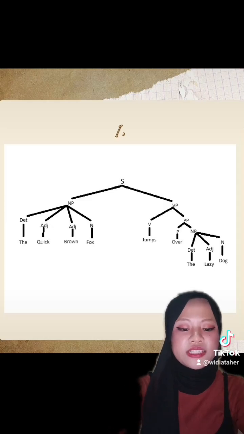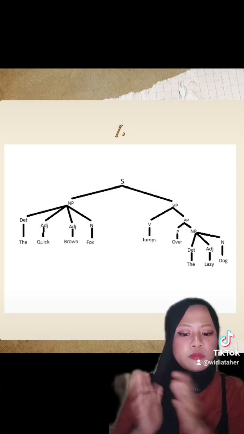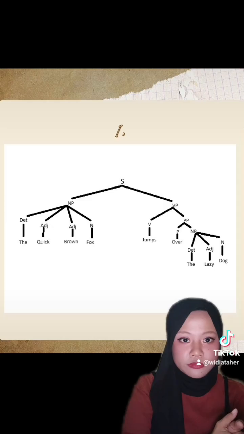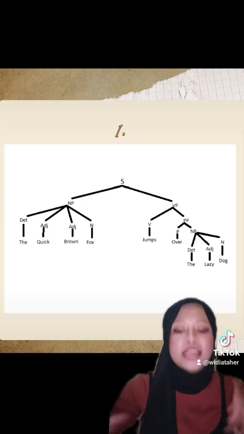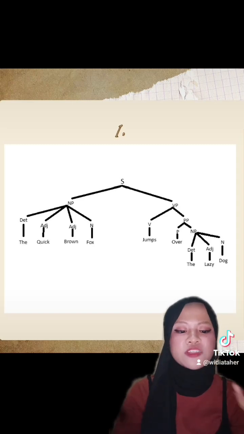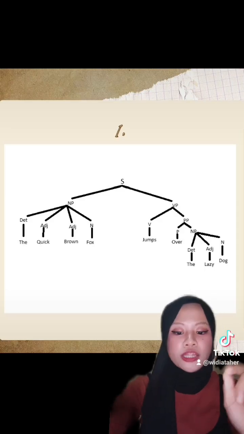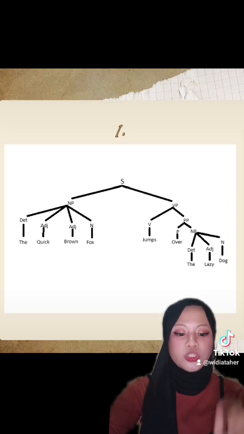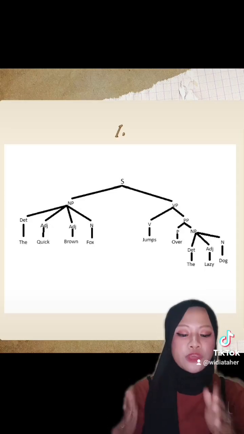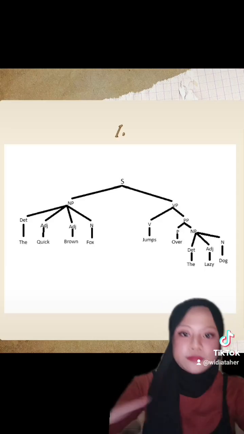Modifiers, additional detail: quick, brown, lazy, and over. We usually use adjectives for this. This deep structure is often transformed into a more complex surface structure, which is what we usually see and speak, where everything is combined into one smooth sentence: the quick brown fox jumps over the lazy dog.